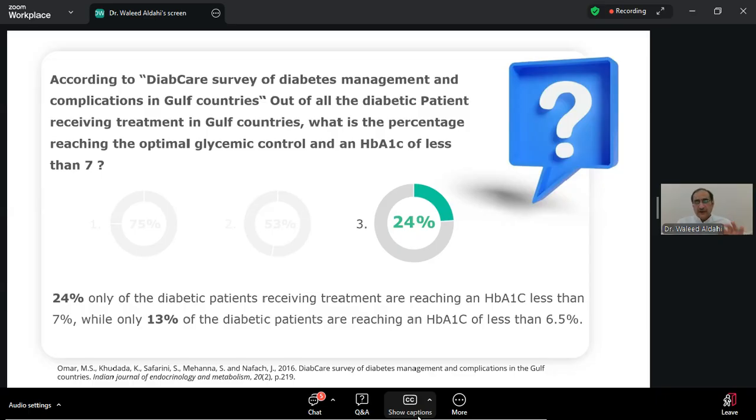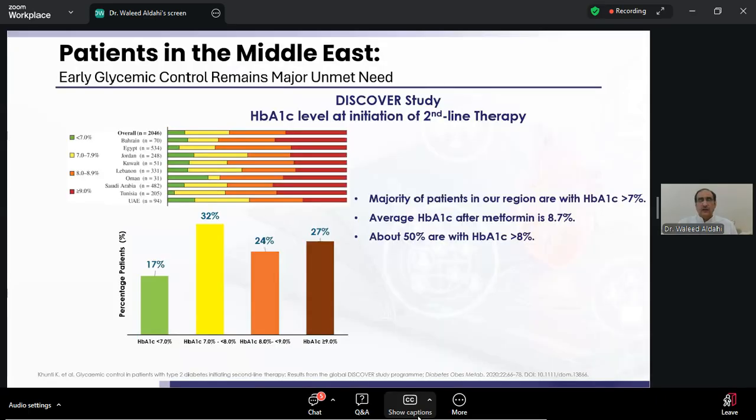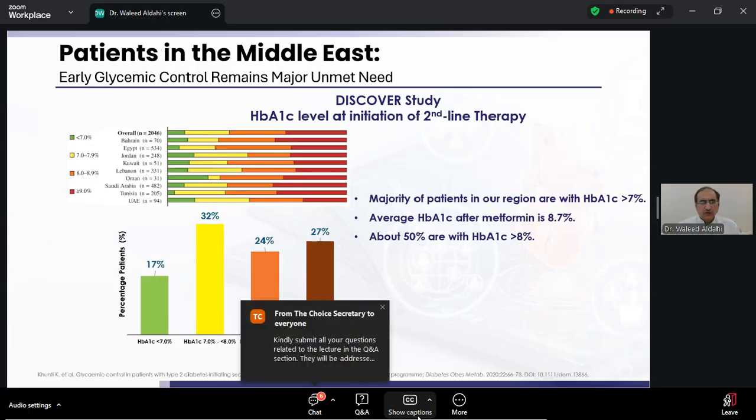And put in your mind the fact that in the Gulf, we give our patients the treatment for free. So this is not a problem for us, and we're still not doing very well in terms of glycemic control. This is another cohort looking at the glycemic control in the Gulf, and also here including Egypt and Lebanon and Oman and Tunisia.